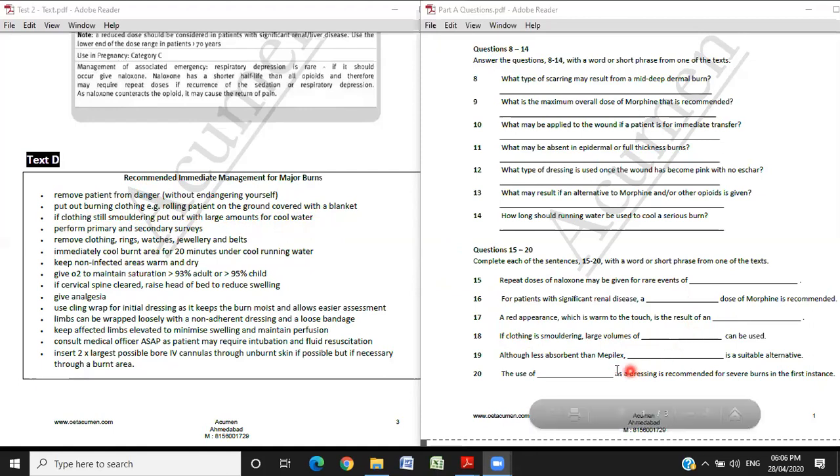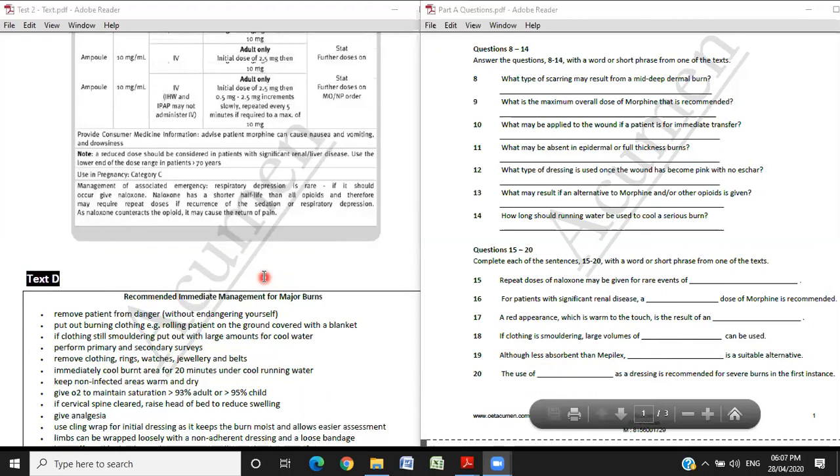Then the use of blank as a dressing is recommended for severe burns in the first instance. Here we were supposed to find severe burns and what is used as a dressing. They've mentioned use cling wrap for initial dressing. So cling wrap is the answer for 20.